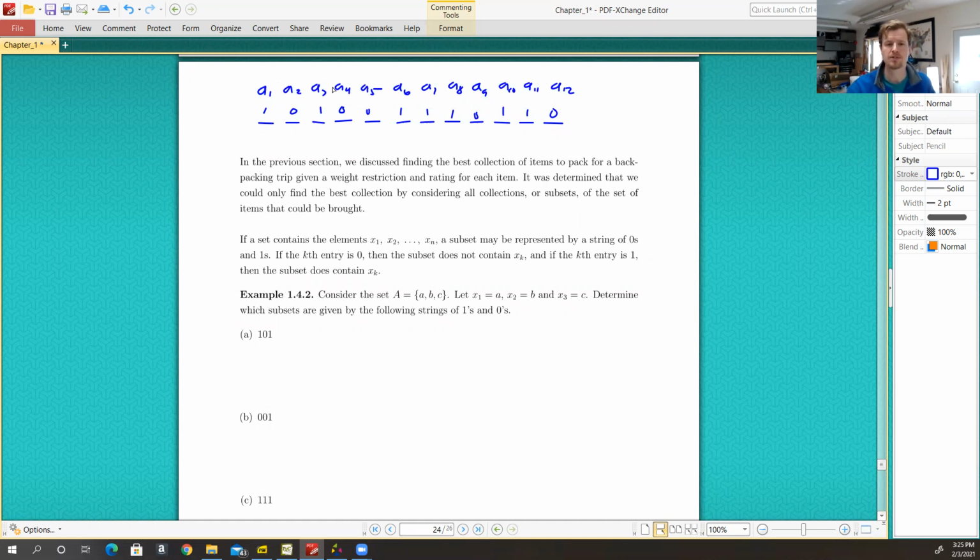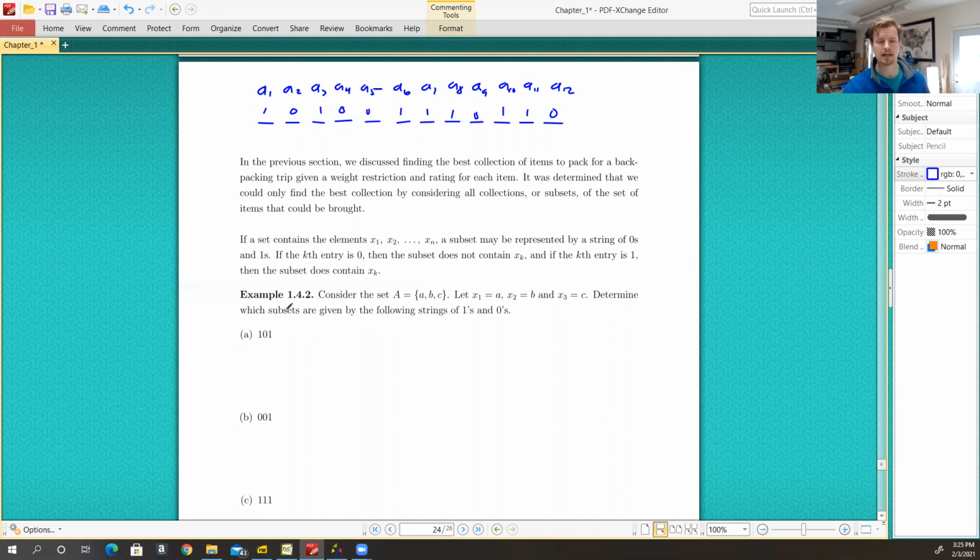So the A's represent the 0s and 1s, and the X's represent the objects. If A1 is 1, then x1 is included. If A3 is 1, then x3 is included. If A7 is 0, then x7 is not included. Okay, so if we have the set A, B, C, we have object 1 is A, object 2 is B, and object 3 is C.